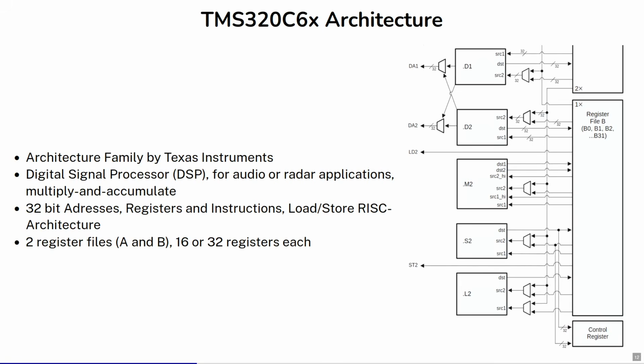It's a DSP architecture by Texas Instruments. So digital signal processing, it's intended for audio and radar applications. And it is meant to be very performant on a dedicated set of use cases, for example, for multiply and accumulate loops. It's a 32-bit RISC architecture, so addresses are 32 bits, registers are 32 bits, and instructions as well.